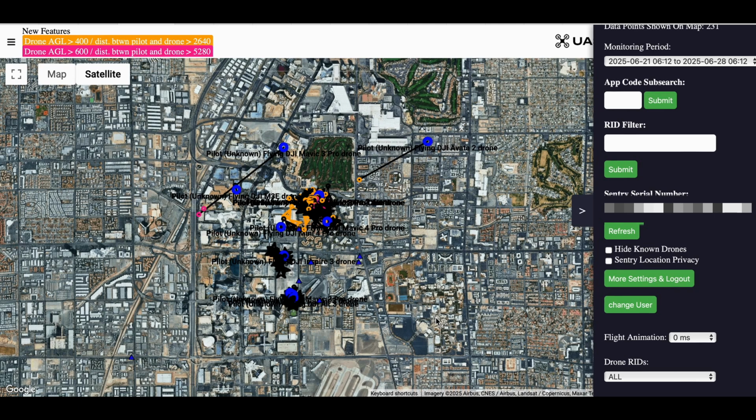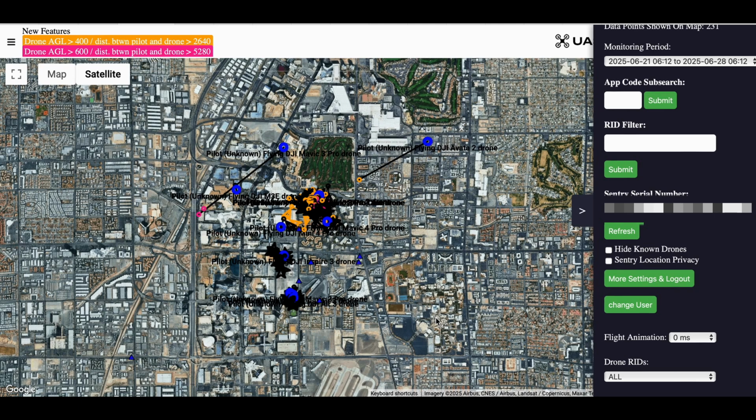One other thing I want to mention with this new version of the map is that we now show the location of the UAS Sentry, and that shows up as a little blue triangle. So if you look at the map right now, you'll see all sorts of little blue triangles. That is where the receivers were when they detected the particular flight.